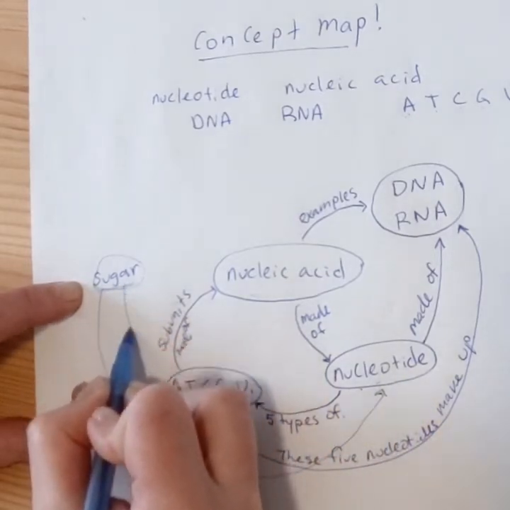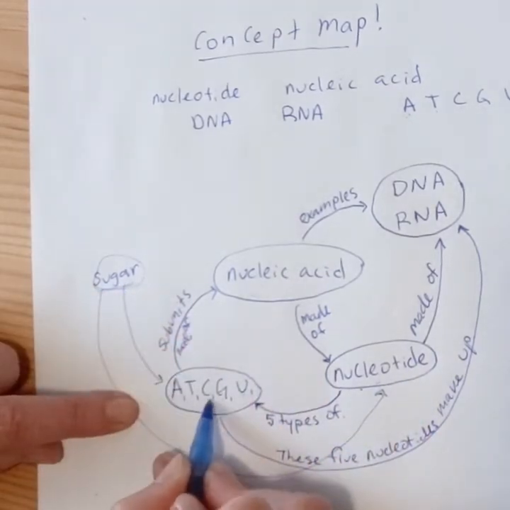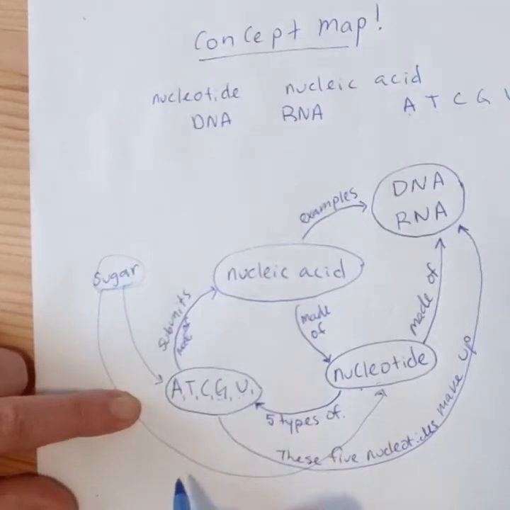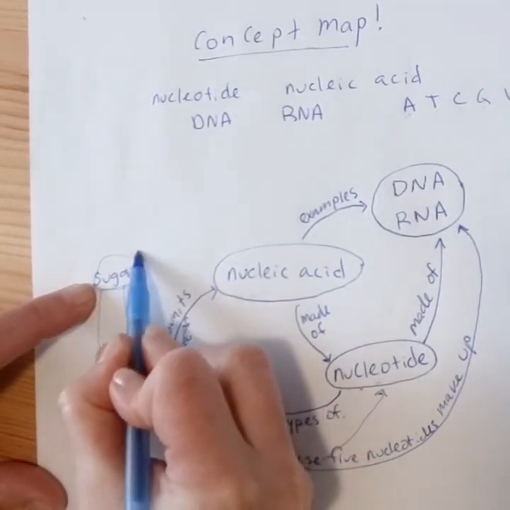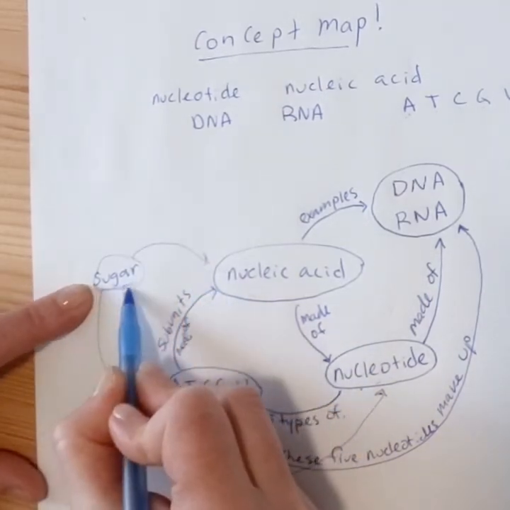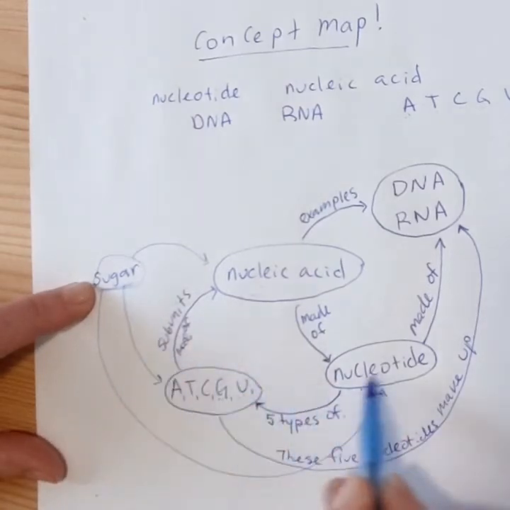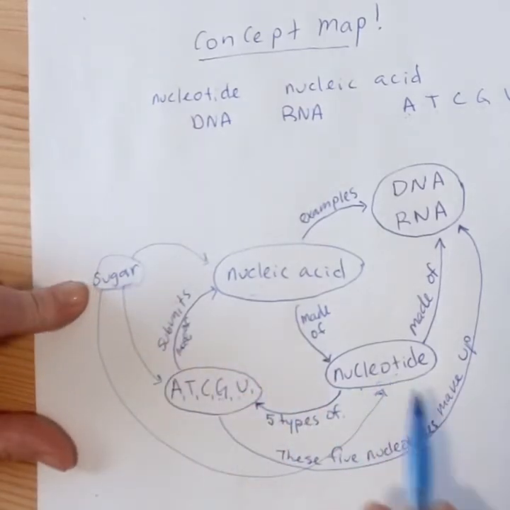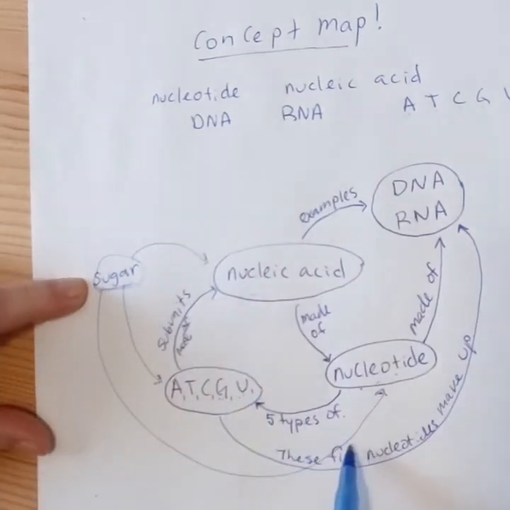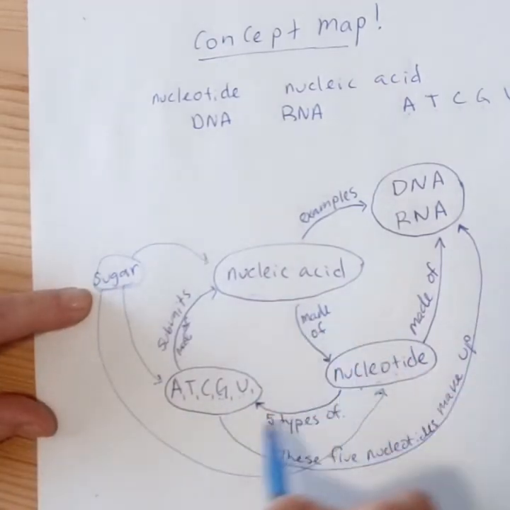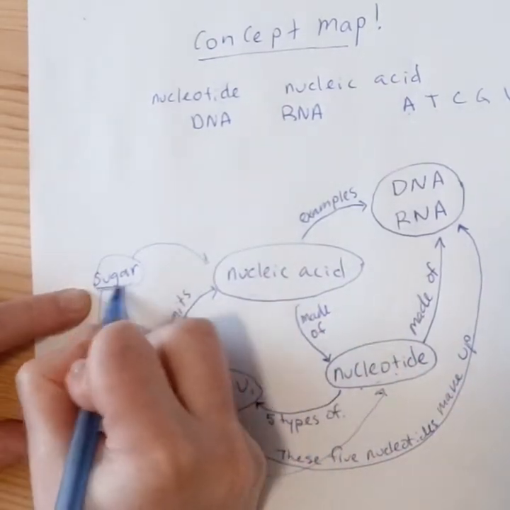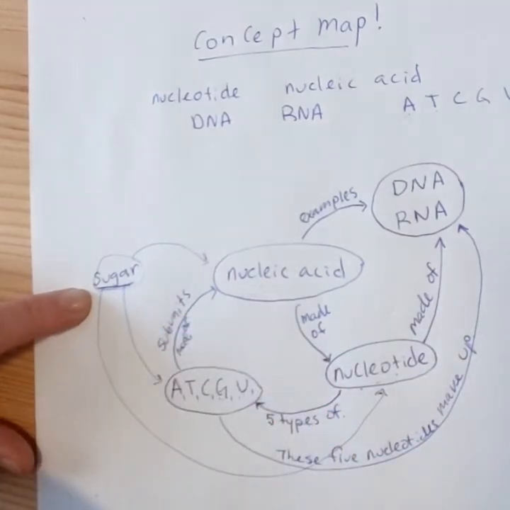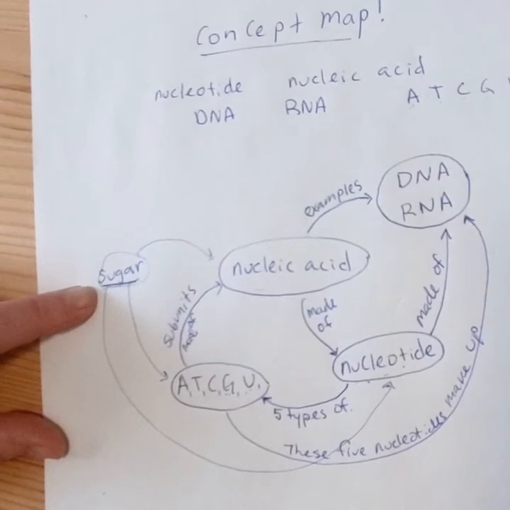So then sugar is a component of all these 5 nucleotides. And I could say, every nucleic acid also contains a sugar because sugars are part of nucleotides. And so it becomes this like beautiful web where everything is connected together with these different ideas. And if you can't put it on your map, that means that you have to study it. And that's the really cool thing about concept maps.